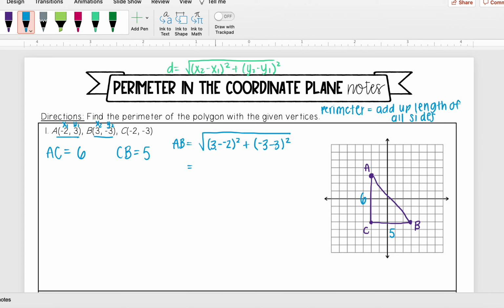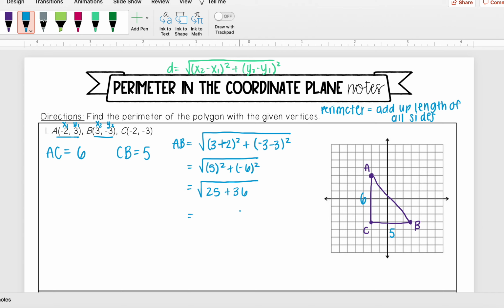And now we need to simplify this. Well, 3 minus a negative, that's really just saying 3 plus 2. So I have 5 squared plus -3 minus 3 is -6 squared. When I do 5 squared, that's 5 times 5, which is 25. And -6 squared is -6 times -6, which is 36.